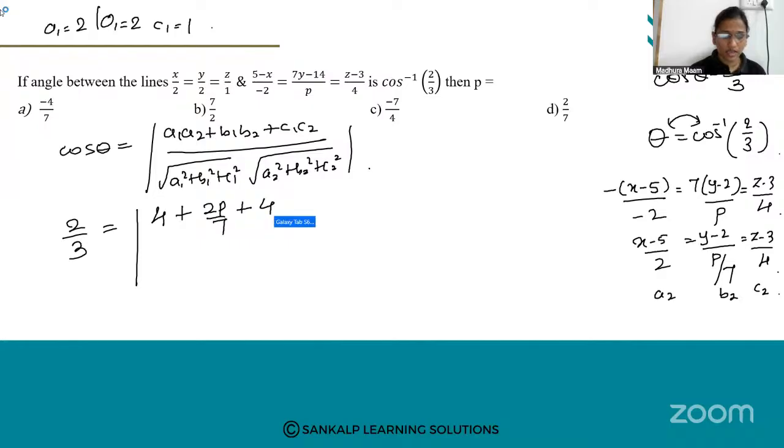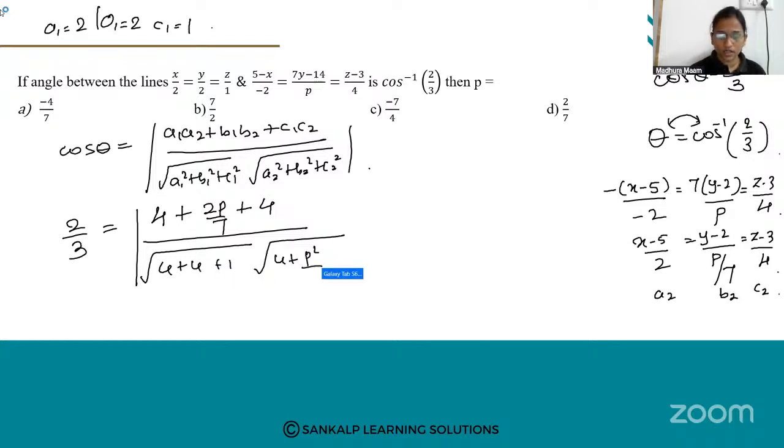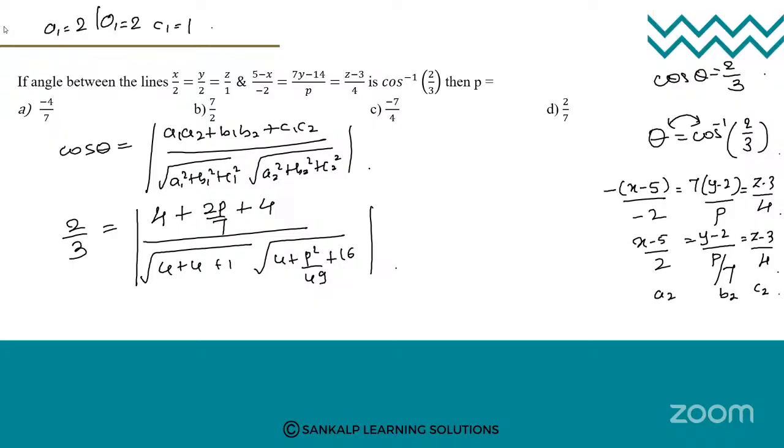So this is A1 square, that is 4, and here it is 4 plus p square by 49. Yes. So start solving this. Is the internet okay? Give me a second. Till then you can solve this equation.